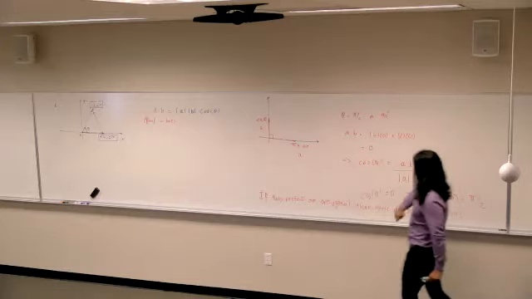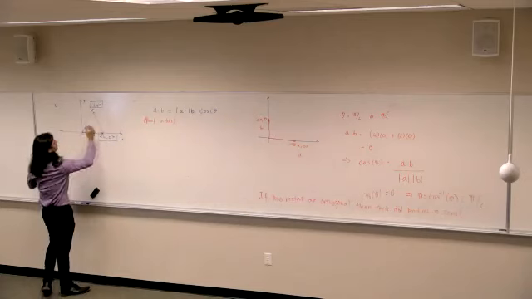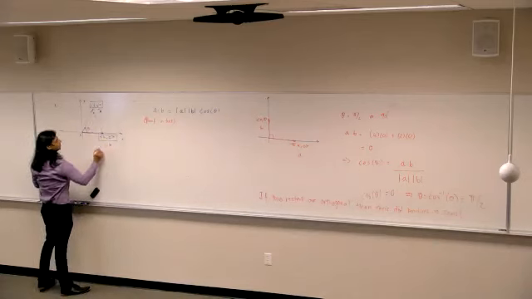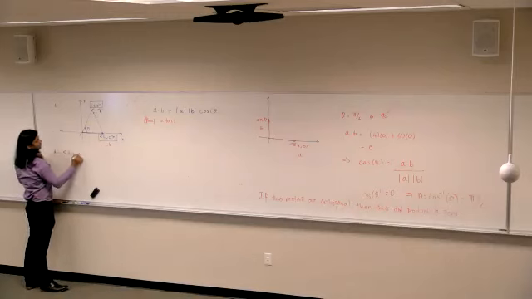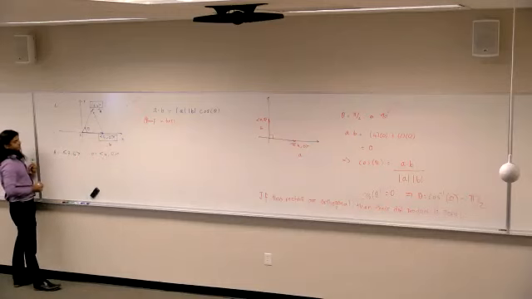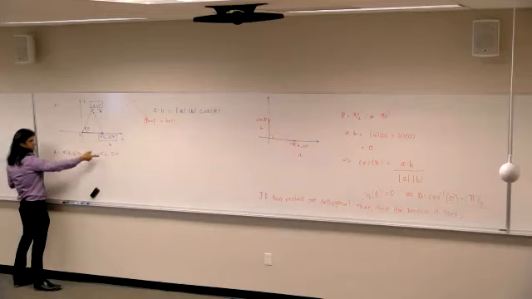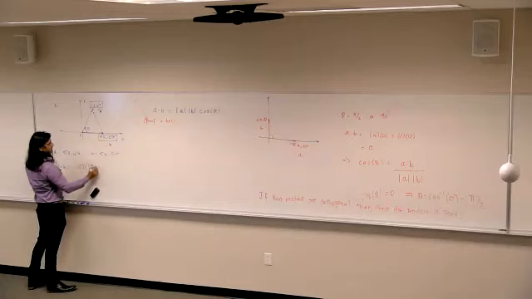So we want to find the angle between this vector (2,4) and (4,0). We need to find the dot product, so A dot B. First component, 2 times 4.